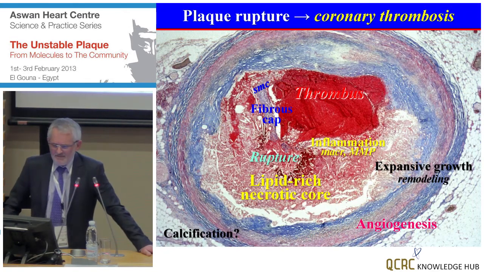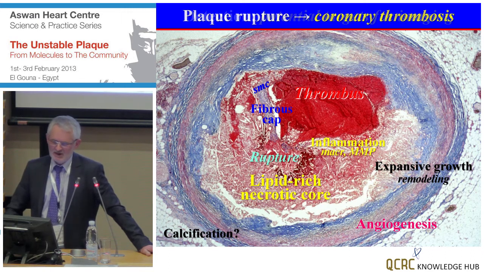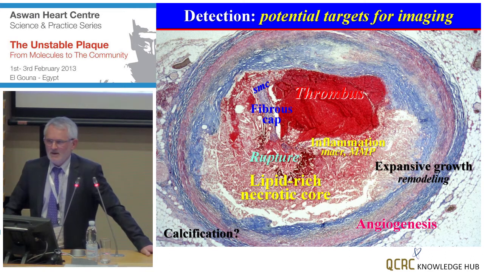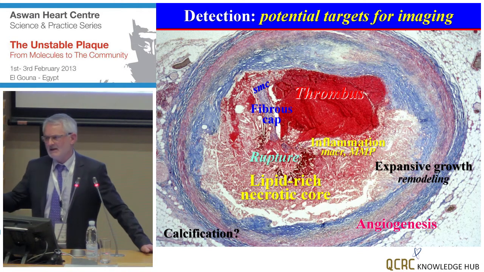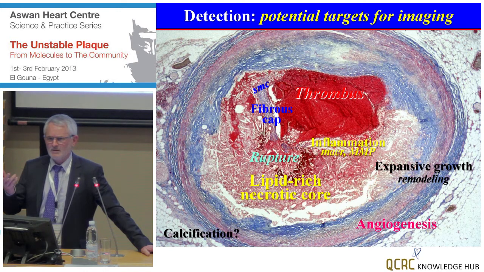So here we have the markers of a high-risk vulnerable plaque. And these markers are also potential targets for imaging if you want to detect them. But we also need to recognize that the most important thing is that atherosclerosis is a generalized arterial disease. It's a multifocal disease. There is nothing like only a single plaque or single vulnerable plaque.